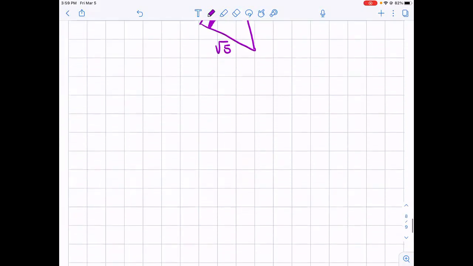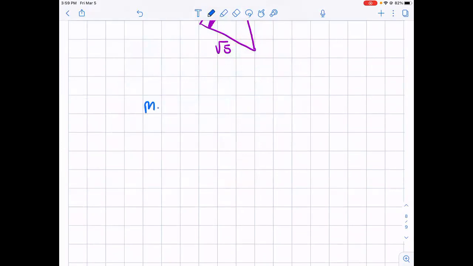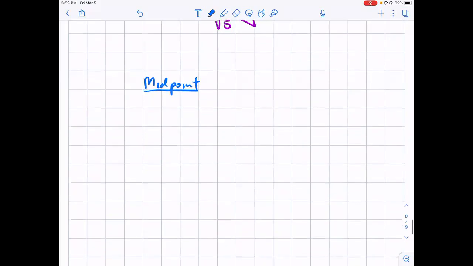Likewise, we have the midpoint formula. The midpoint formula. Midpoint formula. So the midpoint is a point along some line segment, right?